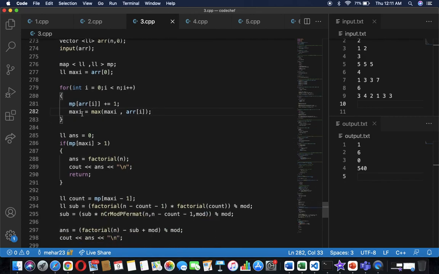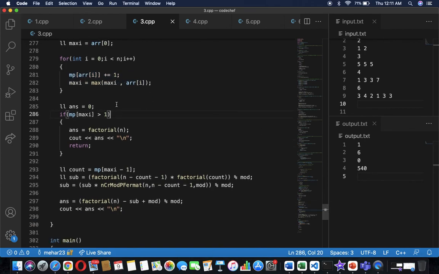Great. So we have kept a map to keep a check of total answer and maximum value. This is the first base condition: if the frequency of the maximum value is greater than 1, simply the answer is factorial of n and we print it out. And if it is not so, we have to keep a count of all the maximum minus 1 values in the array. And here the subtraction is basically the not nice permutations that we have.